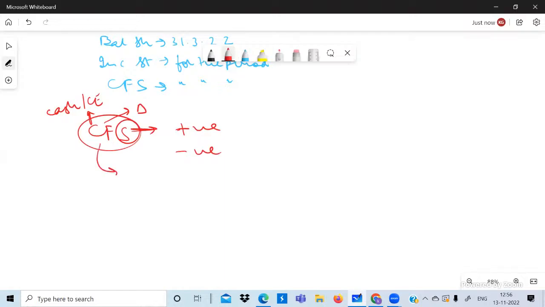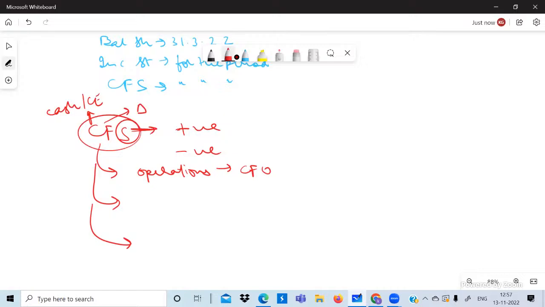Now, money could come in or go out from three sources. It could be from your day-to-day operational activity. So it's from your operations. If it's from your operations, it is called cash flow from operational activity.